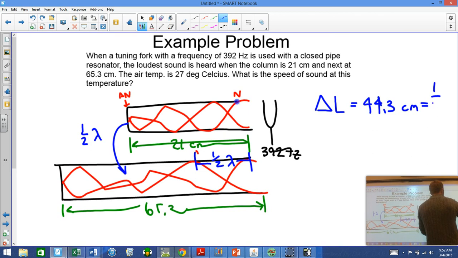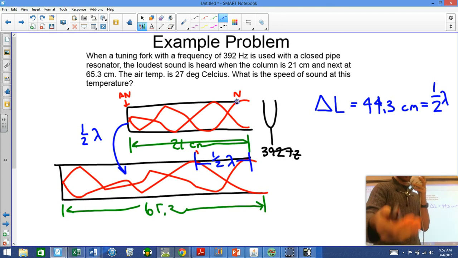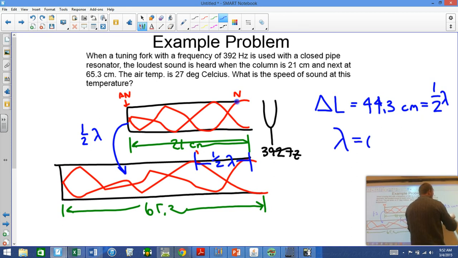And that's the key to all these resonant things, is that the difference between resonant points is always half of a wavelength. So that means that my full wavelength is going to be 88.6 centimeters, or 0.886 meters.